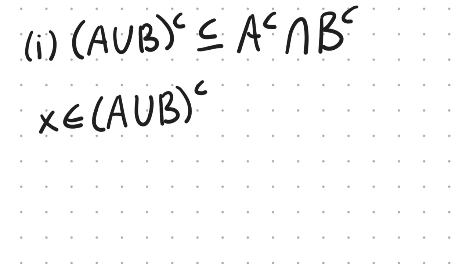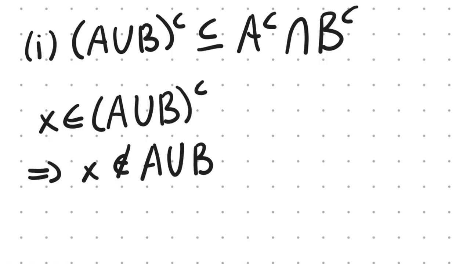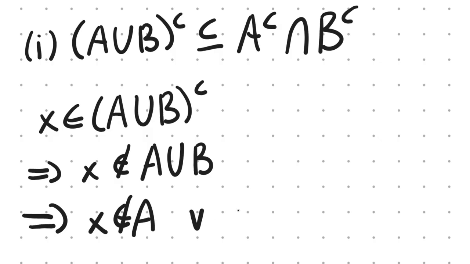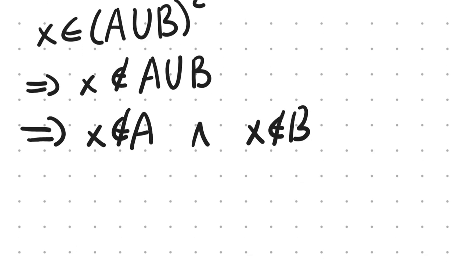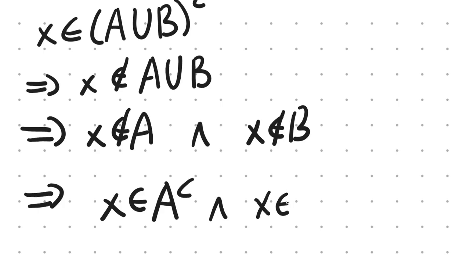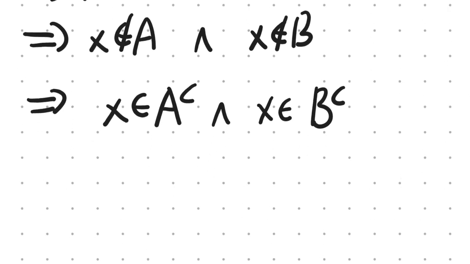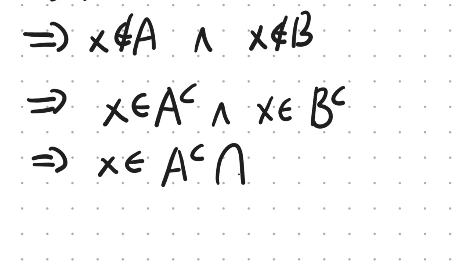(A union B) complement, which will imply that X is not in A union B. And this would also imply that X is neither in A nor in B. I'm sorry, X is not an element of A, and X is not an element of B. And if X is not an element of A and not an element of B, then we can state that X is an element of A complement and X is an element of B complement, which implies that X is an element of A complement and B complement.